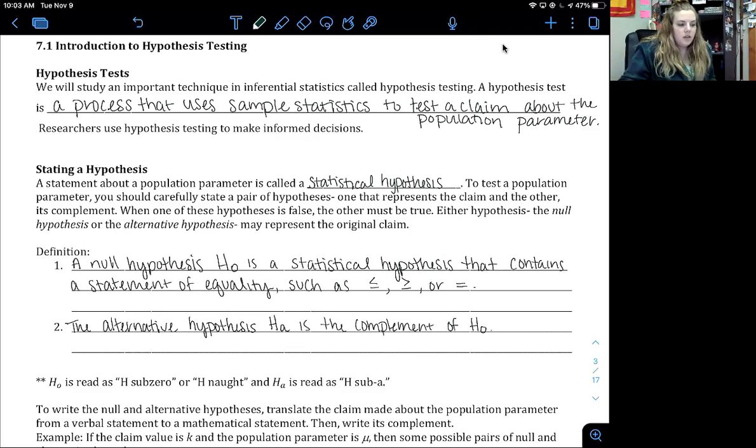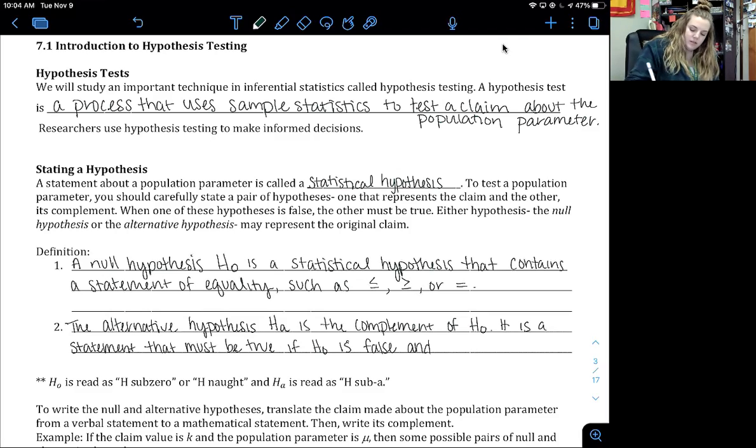And it is a statement that must be true if the null hypothesis is false. Okay.